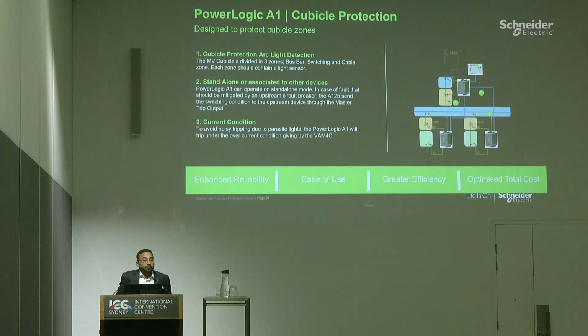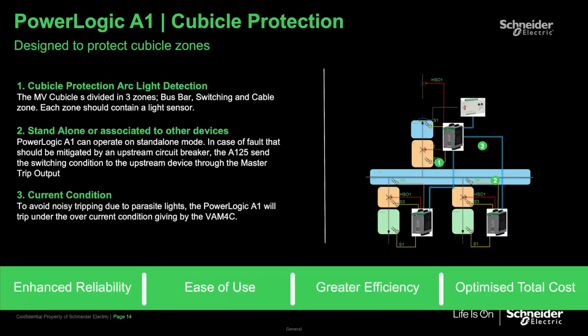In terms of dedicated offers, I've shown you 3: A1, A3, again something which is visible on my booth, and there is a WAM321. I've used 3 slides. One slide as a flashcard to show you what A1 can do. So with respect to A1, we are talking about cubicle protection, light detection. It's a standalone one.